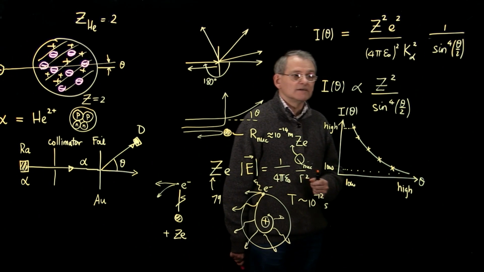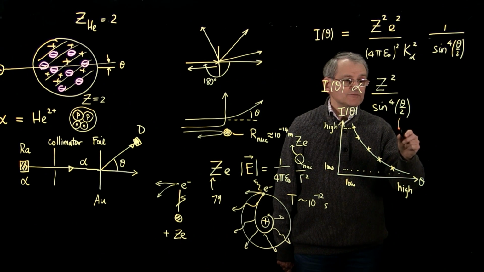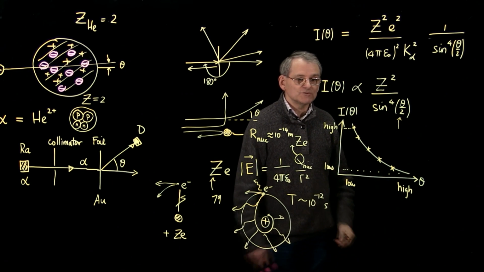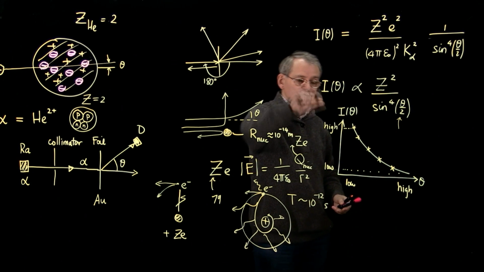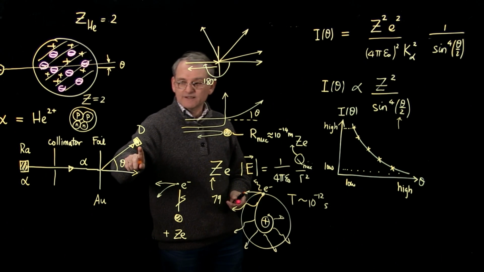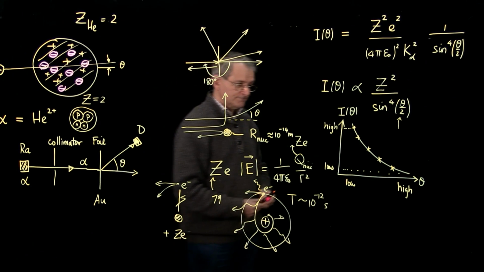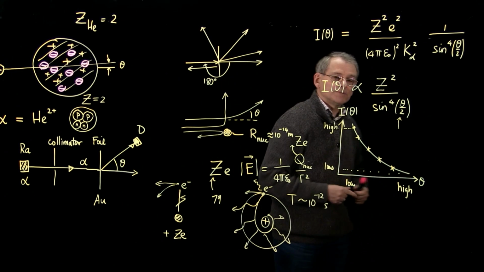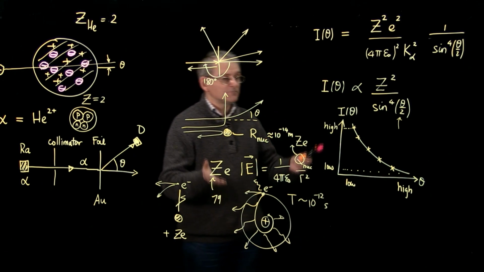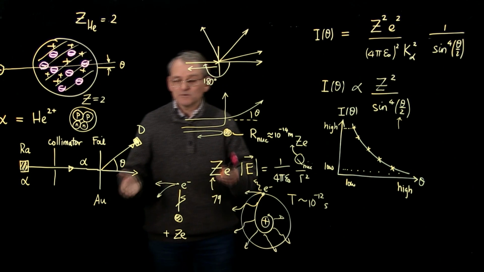Let me just finish by making a few comments about this expression here, which is the expression for the intensity, or the number of particles per unit time, per unit area, which is detected at an angle theta. What Rutherford did is he applied classical dynamics and classical electromagnetism to predict the number of particles that were scattered. There's no quantum mechanics in this.